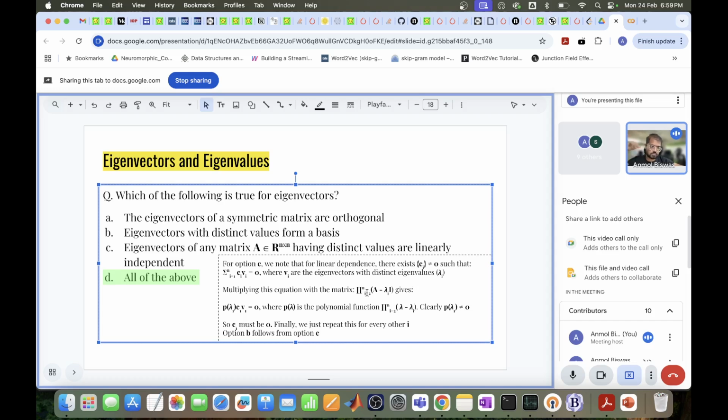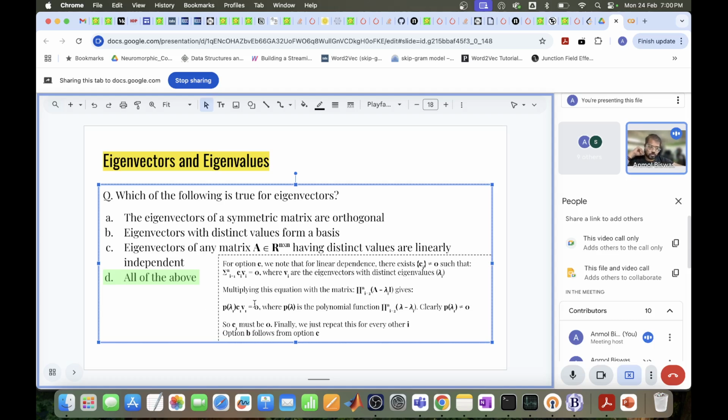So next time what you do is you take this product, but you change it. Instead of skipping i equals 1, you skip i equals 2, right? So you multiply A minus lambda 1 I, and then you go A minus lambda 3 I, lambda 4 I, and so on.